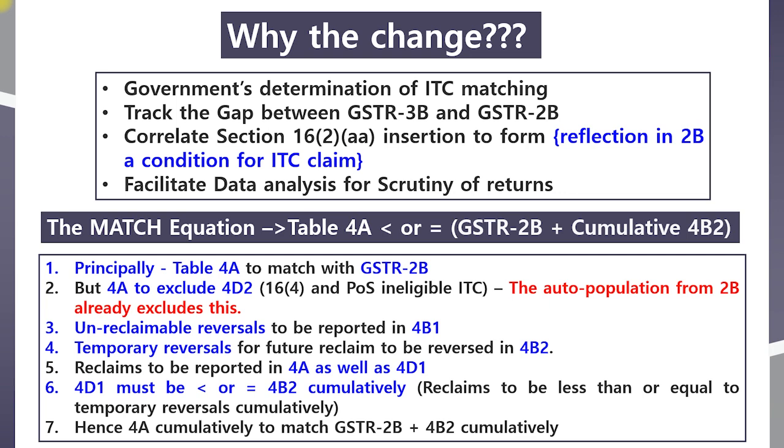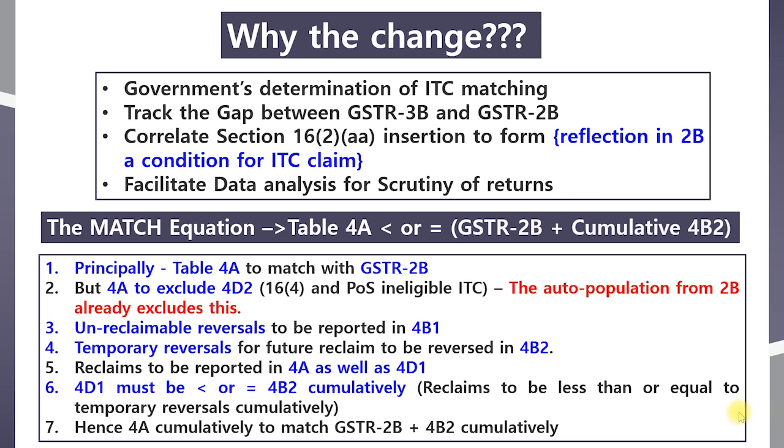It might look like a very complicated formula which has been put in, but step by step we understand, then we will arrive at it. The logic is what travels to the electronic credit ledger through the table 4C, which is the critical element of this table 4, that should be less than or equal to GSTR 2B plus cumulative 4B2. This is the whole idea.